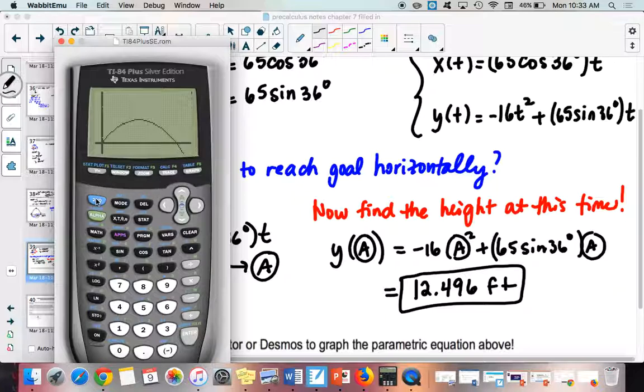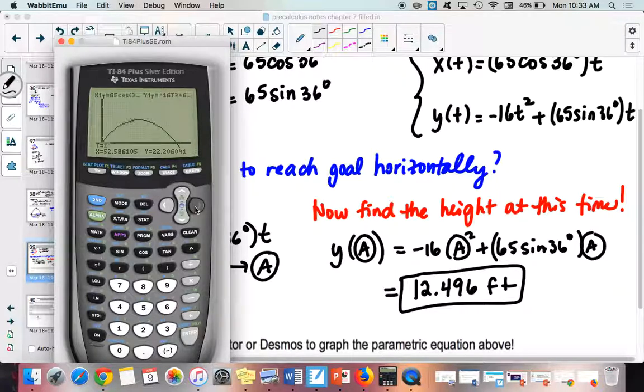That's going to give me nicer values, because now when I do my trace, so everybody hit trace, you have it as 0.1. Now when you hit arrow over, what happens? Trace, arrow over. It says when t is equal to 0.1, our x is this, our y is this. Try to approximate it right there. So keep arrowing over.